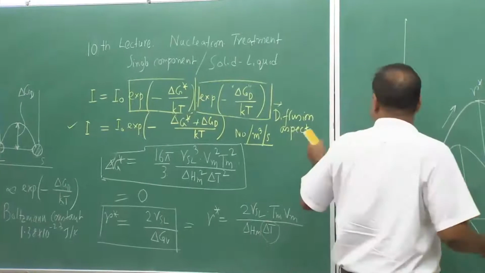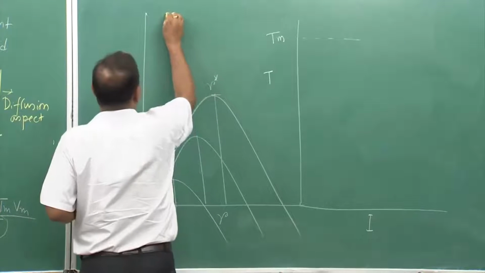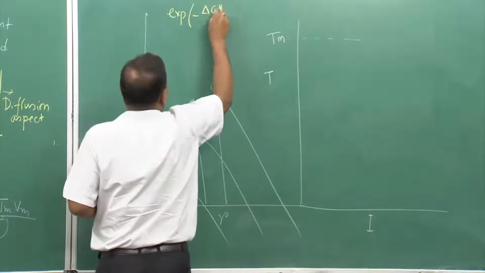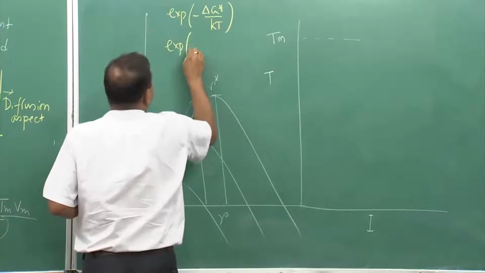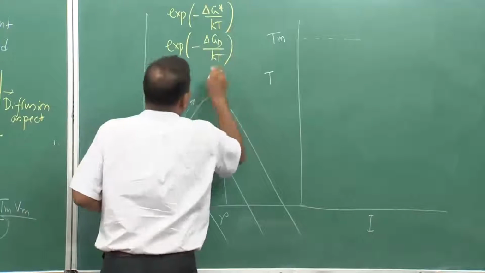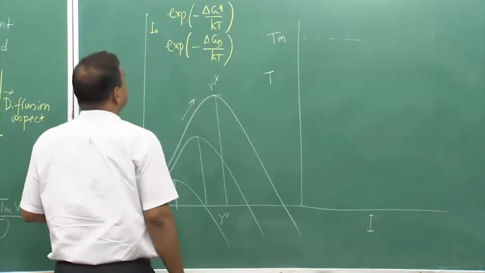Now, if we plot these two expressions, let us write the two expressions: exponential minus delta G star by kT, and the other one is exponential minus delta G d by kT. I is common.